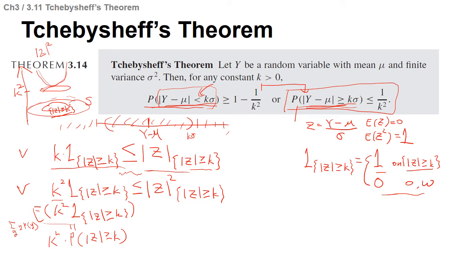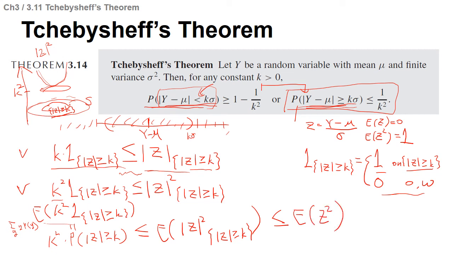And what about the right hand side? The right hand side is just the expected value of the absolute value of z squared on again the same set. And actually this is less than or equal to the expected value of z squared. Why is this true? Here z squared is always greater than 0.